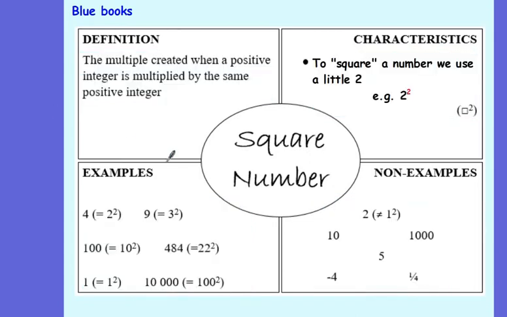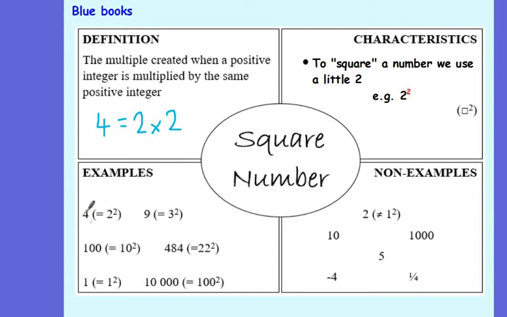Okay, Year 9, this is what I came up with. I said the definition of a square number was the multiple created when a positive integer is multiplied by the same positive integer. For example, I can make 4 by multiplying a positive integer 2 by itself, 2. Characteristics, I said we square a number, we use a little 2 to indicate it.